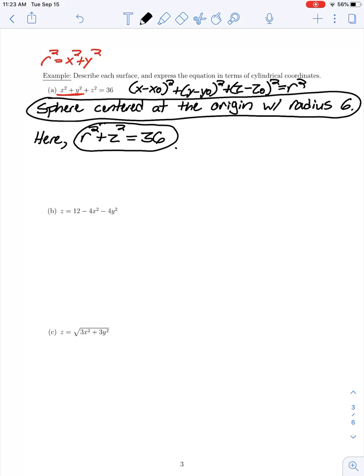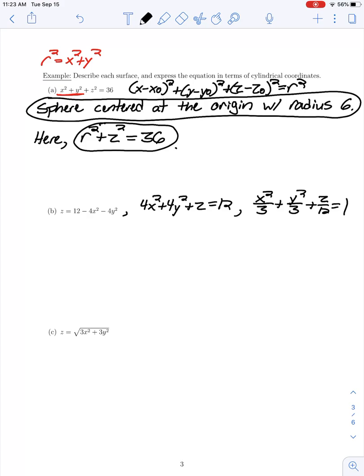We could first maybe rewrite this in the form, let's write it like this: 4x squared plus 4y squared plus z is equal to 12, or dividing through by 12, we would have x squared over 3 plus y squared over 3 plus z over 12 is 1. So this is looking more like the standard form for the equation of an elliptic paraboloid.